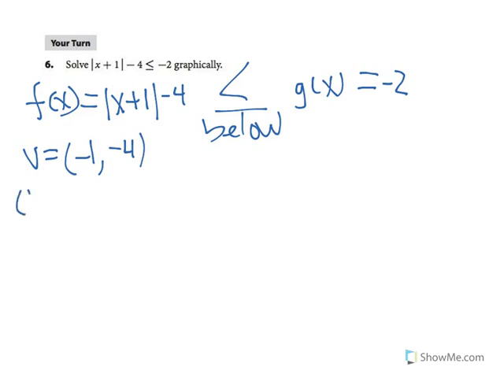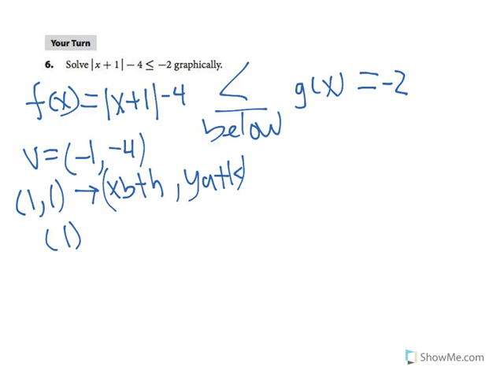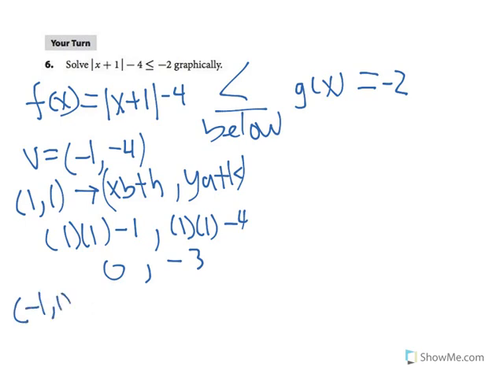And we go from 1, 1 to xb plus h, ya plus k. So we have 1 times 1 minus 1, and 1 times 1 minus 4. So we have 0 and -3. We go from -1, 1, so we have -1 times 1 minus 1, and 1 times 1 minus 4.